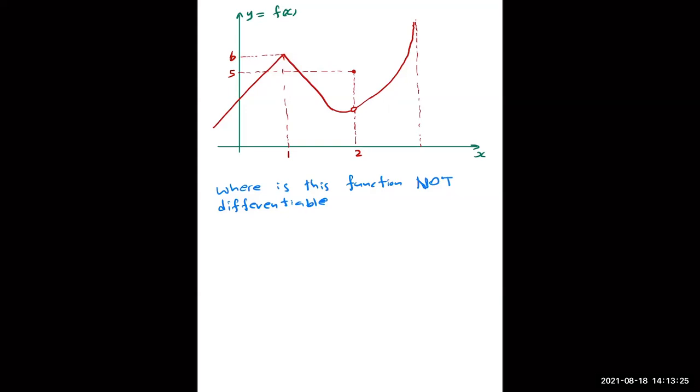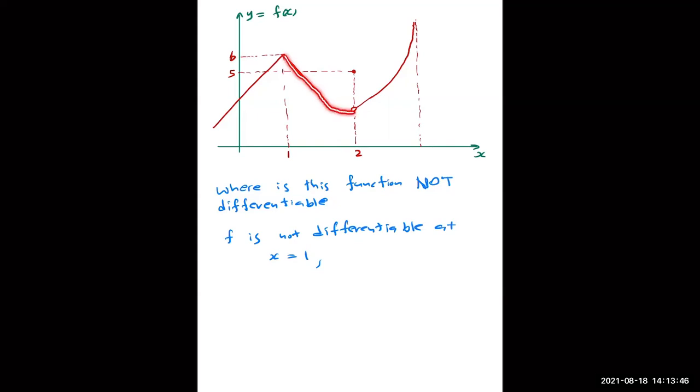Okay, f is not differentiable at x equal to 1.